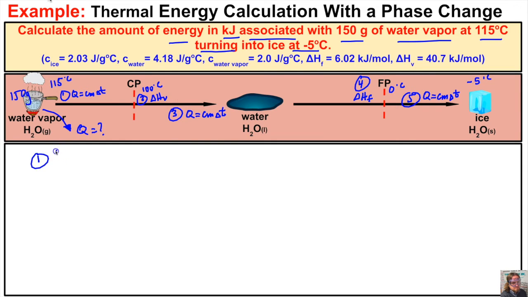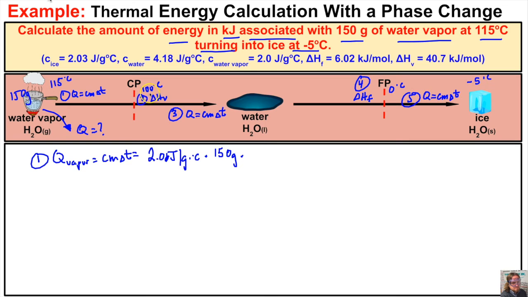Number 1, we're going to figure out how much thermal energy the water vapor is going to need to release in order to go from 115 to 100. So we'll use C times M times delta T here. Our specific heat capacity of water vapor is 2.0 joules per gram degrees Celsius, times the mass of our water, which is 150 grams, times the change in temperature as it goes from 115 to 100.